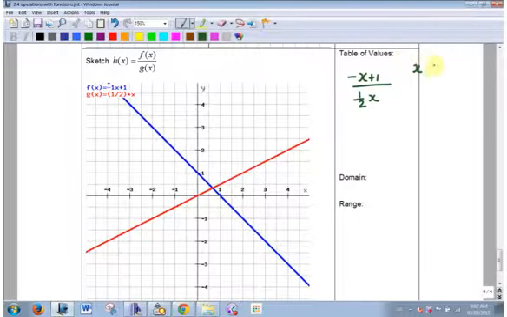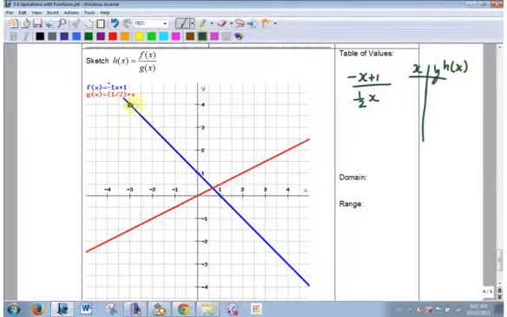Table of values. Now I put an x and y, it's actually h of x, right? But we know that. Do you want to plot that? You can. It's the blue divided by the red.